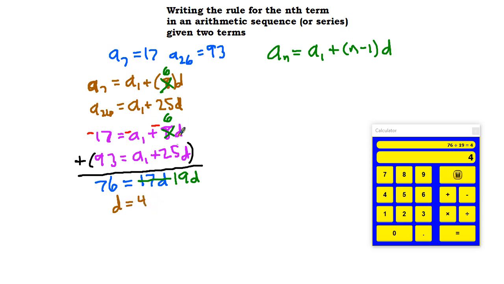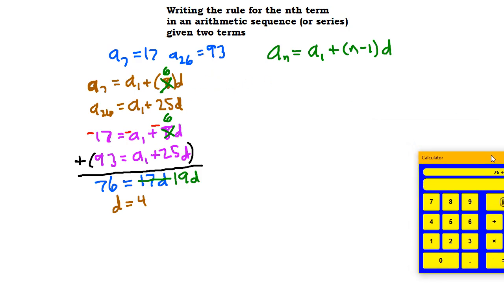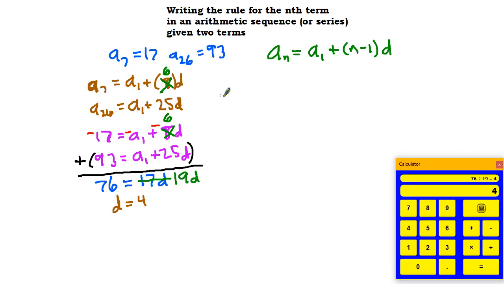Now that we know d equals 4, we can figure out what a sub 1 is. Of the two equations, I like this first equation the best, where we have 17 equals a sub 1 plus 6d.